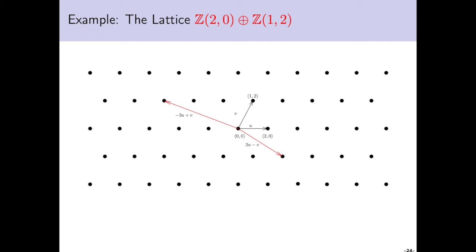Erase the points. Okay? Now you're given only the basis. Which of the two bases gives you a better intuition of what the structure is? Alexei, which one? The black one? Yes.